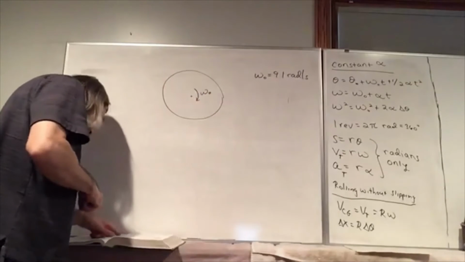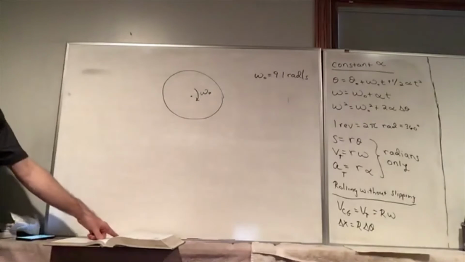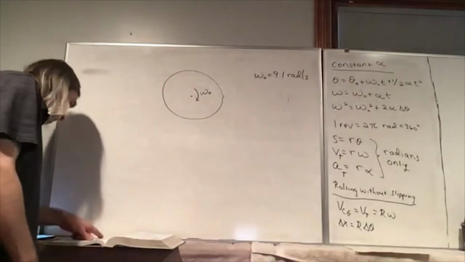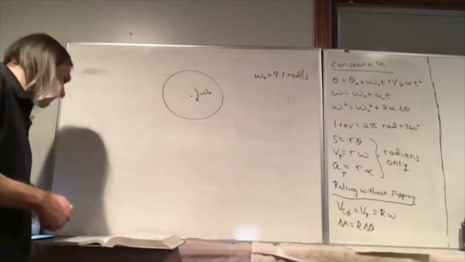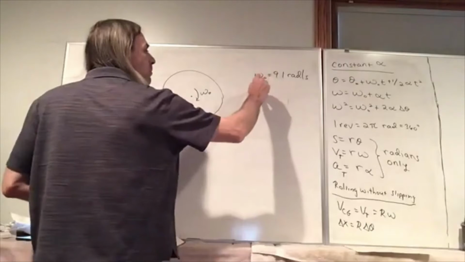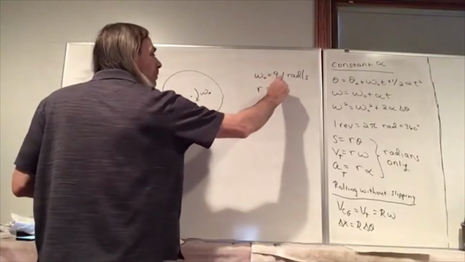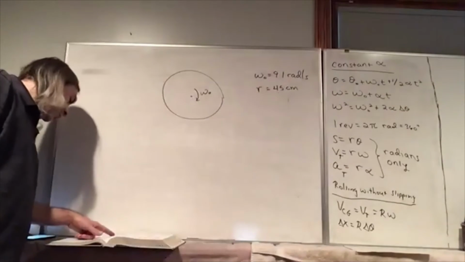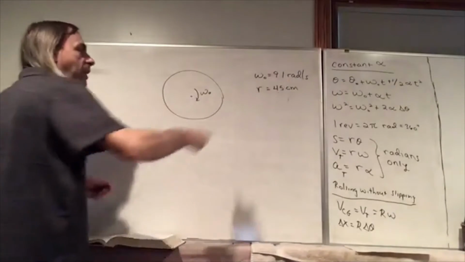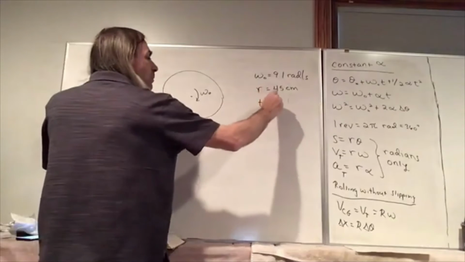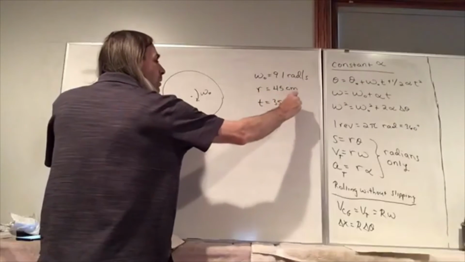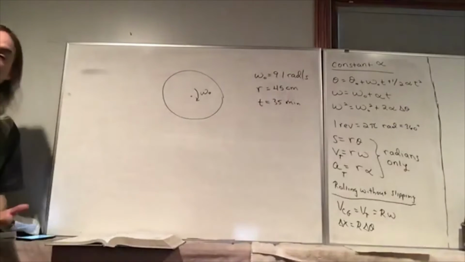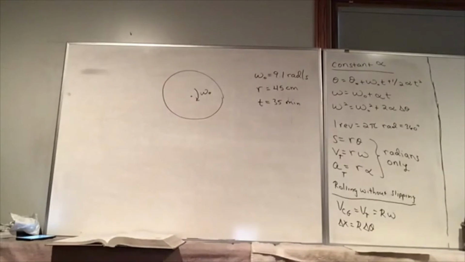Kind of doubt that they would use radians per second as a unit, but apparently they do. All right. So the wheel has a radius of 45 centimeters. So if you ride the bike for 35 minutes, how far would you have gone if this bike was actually moving?